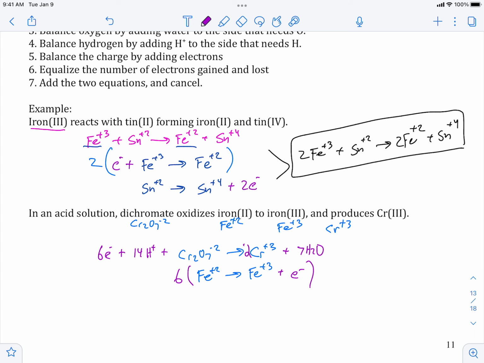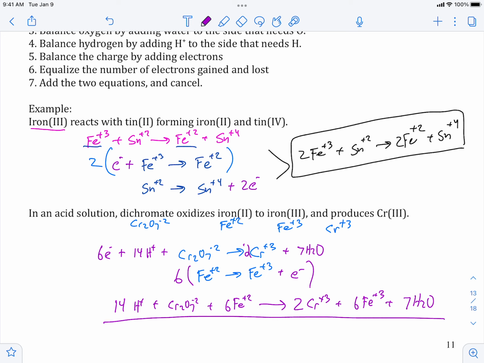So after doing that, the 6 electrons on the right will cancel the 6 electrons on the left, and now we can write our final equation. 14 H plus, Cr2O7 minus 2 plus 6 Fe plus 2 forms 2 chromium-3 plus 6 Fe plus 3 plus 7 water.